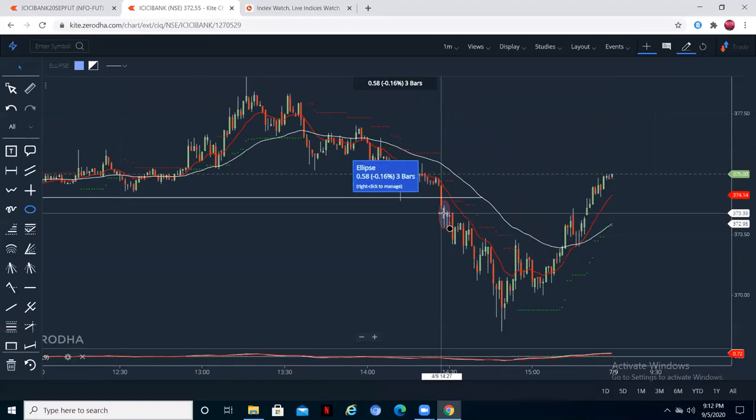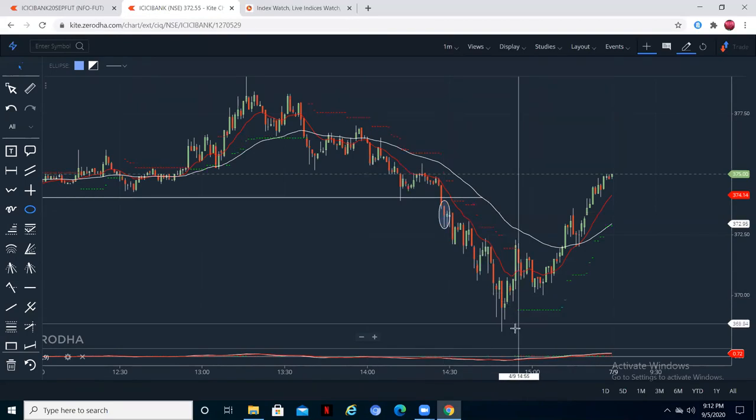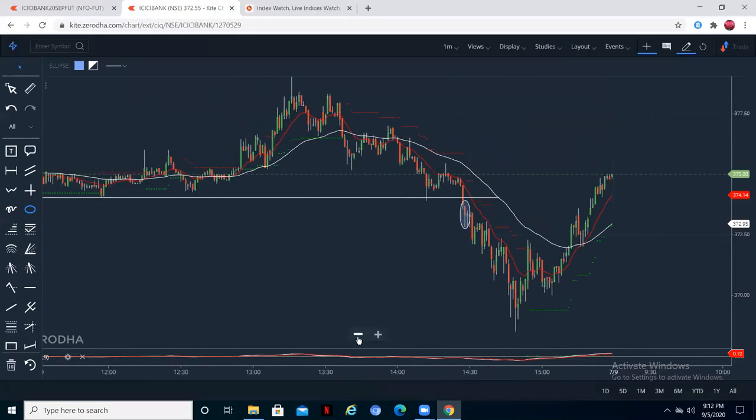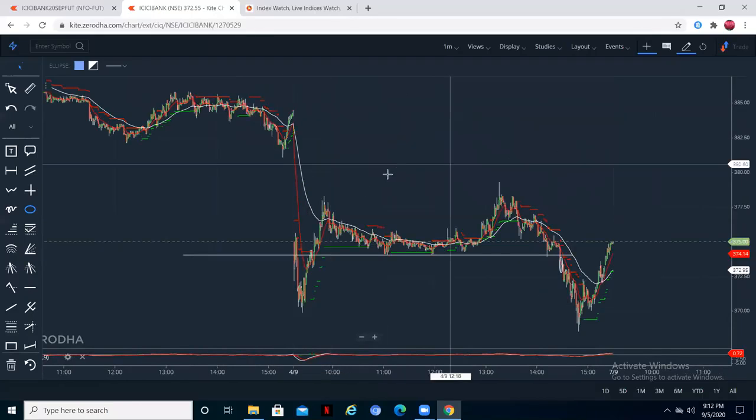So this was the shorting trade. Suppose we shorted the stock here, sold the stock here at 373, which was your entry, and bought it back here, which was your exit at 368. 5 points we have booked very easily. So this is how you can select the stocks for mean average.